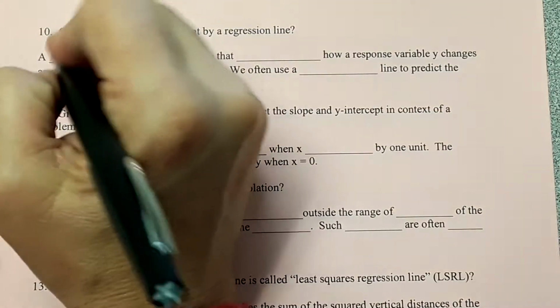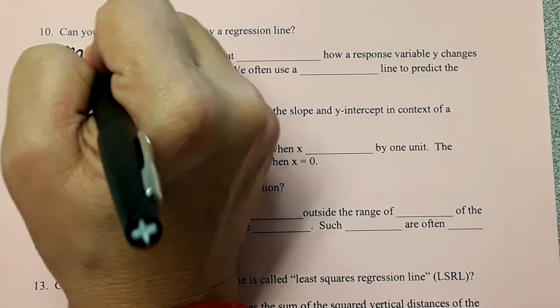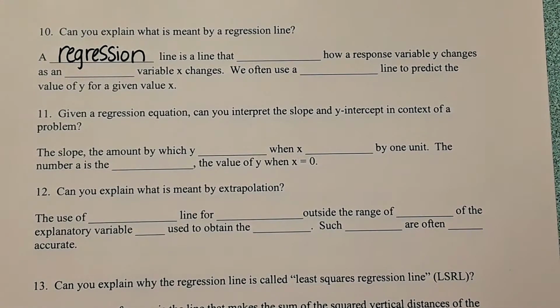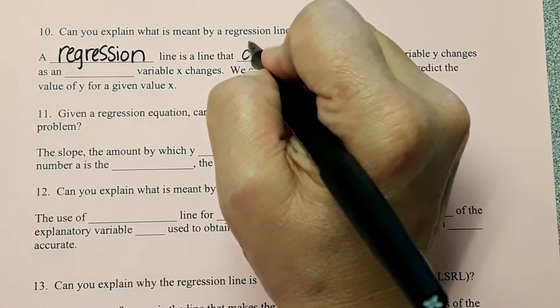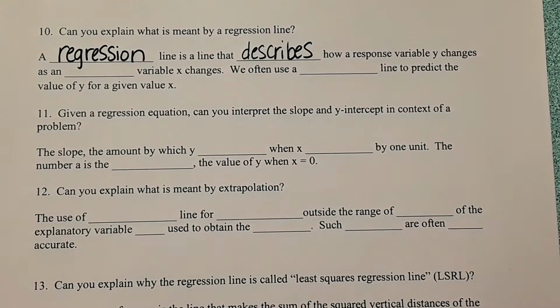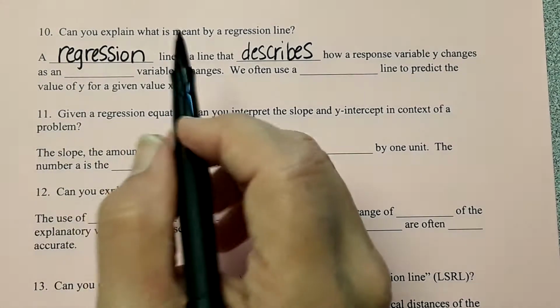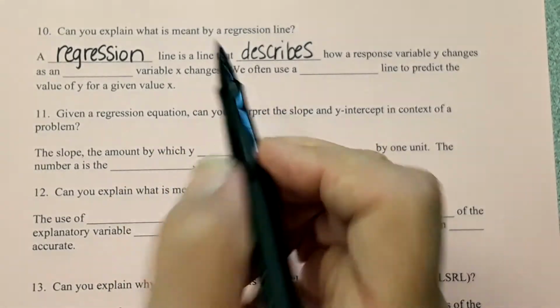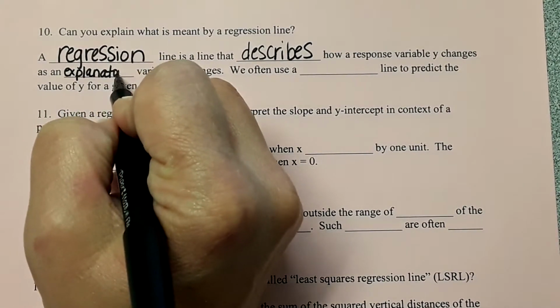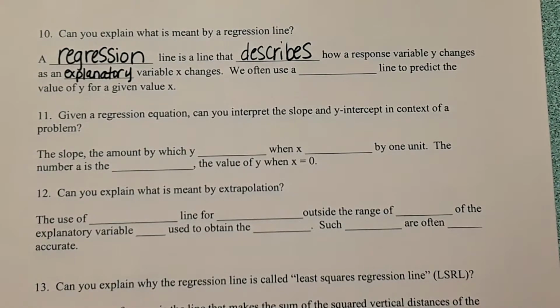A regression line is a line that describes how a response variable y changes as an explanatory variable x changes.